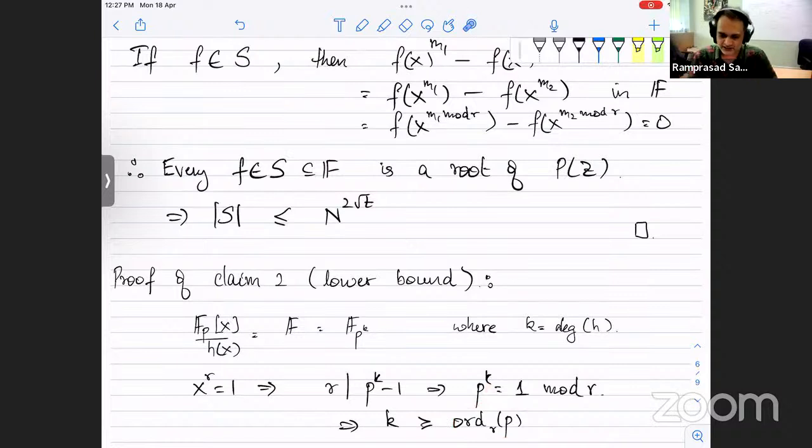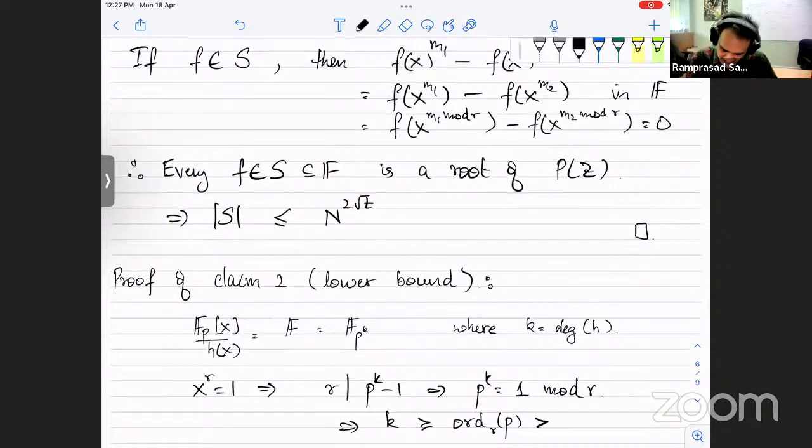We set it up such that this was at least 1. The only thing I'm trying to tell you at this point is that the polynomial h is at least a quadratic. It's not a linear polynomial. That's all I'm trying to say at this point.